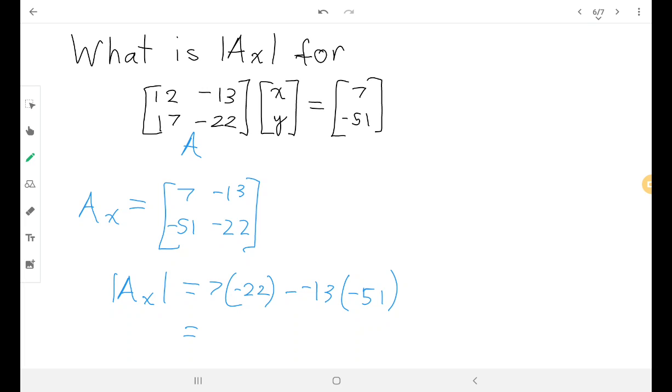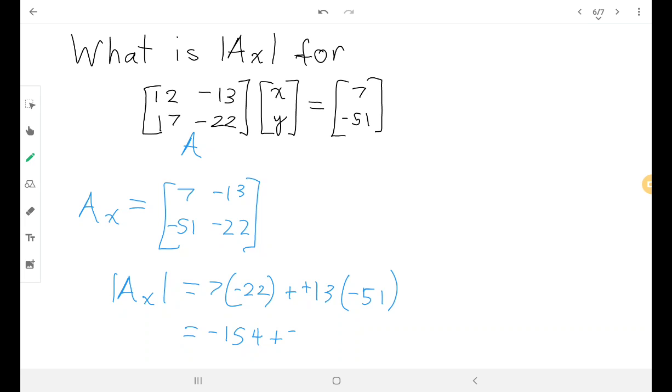So 7 times negative 22 is a negative, and then it's 140 plus 14 is 154, I believe. This becomes minus becomes plus the opposite. So 13, so that's a negative. 13 times negative 51 is a negative.